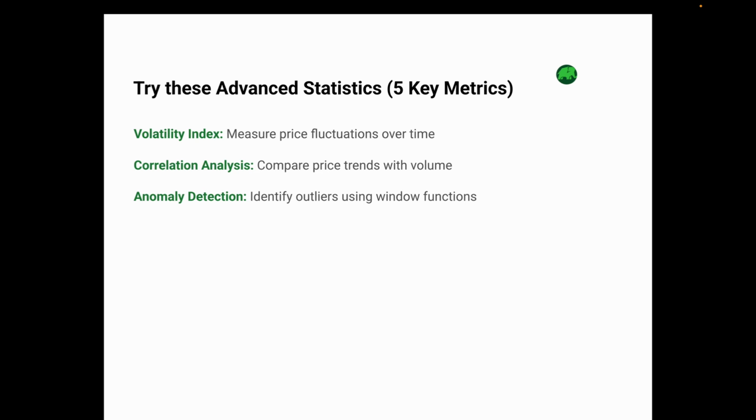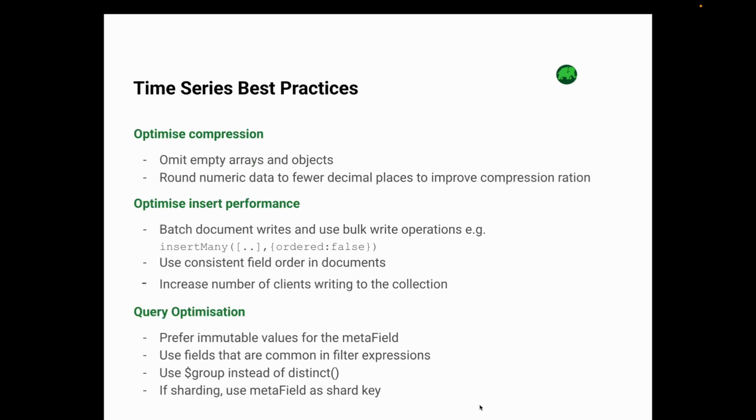Since MongoDB doesn't have a built-in correlation operator, you can compute covariance and variances in separate stages of the pipeline, then derive the Pearson correlation coefficient. Finally, anomaly detection surfaces outliers, say sudden volume spikes, using window functions. Compute a rolling mean and standard deviation, then flag points more than 3 times the standard deviation from the mean.